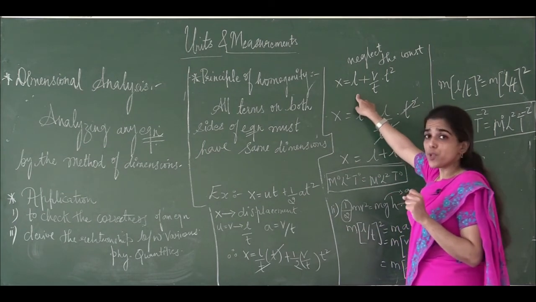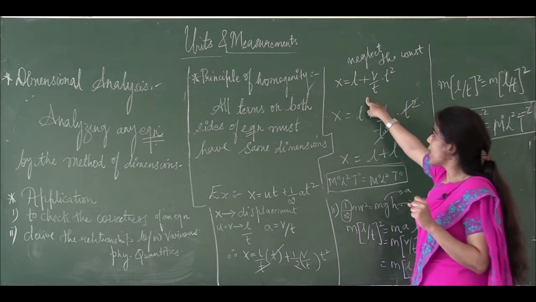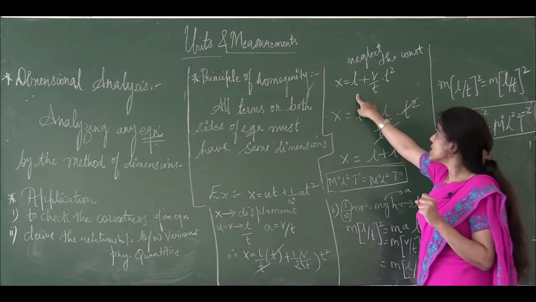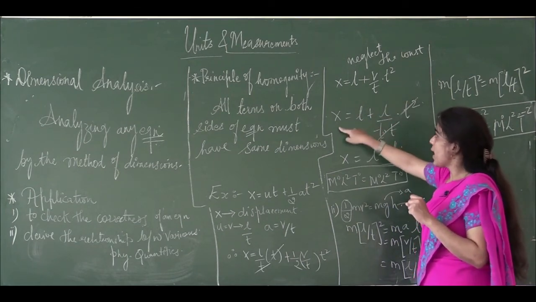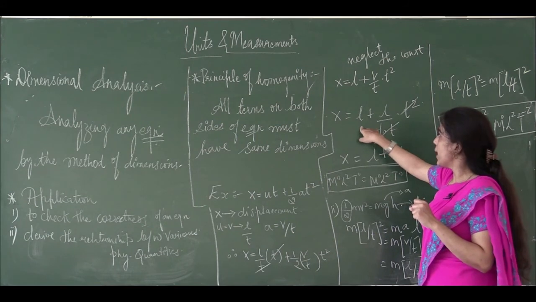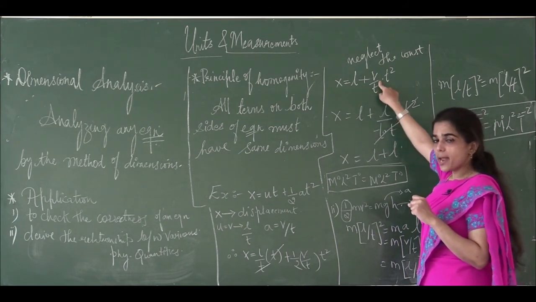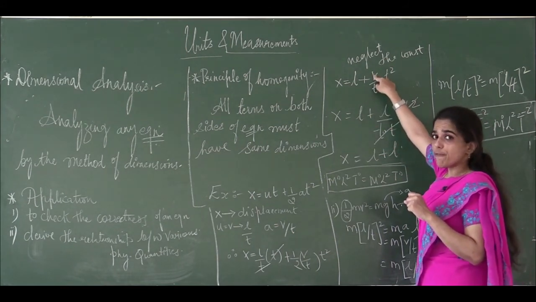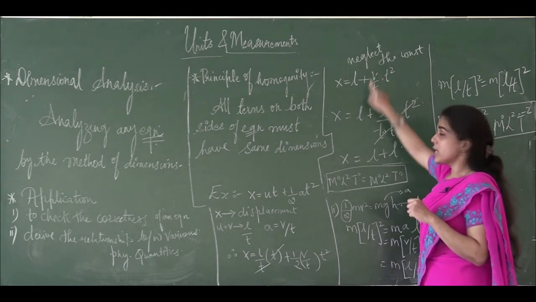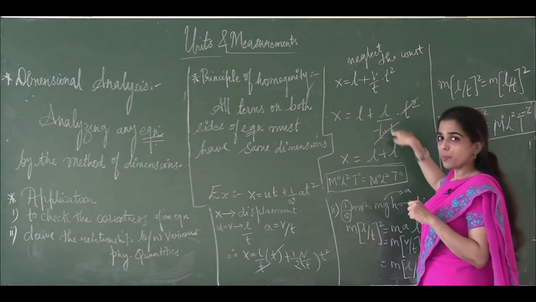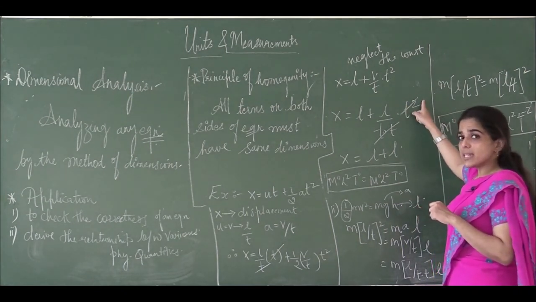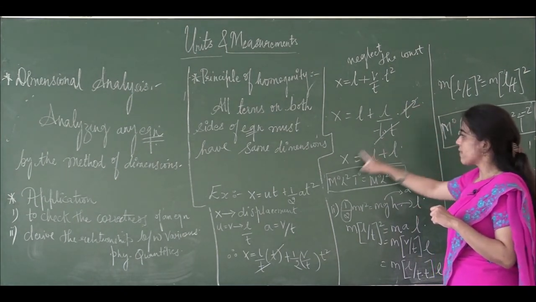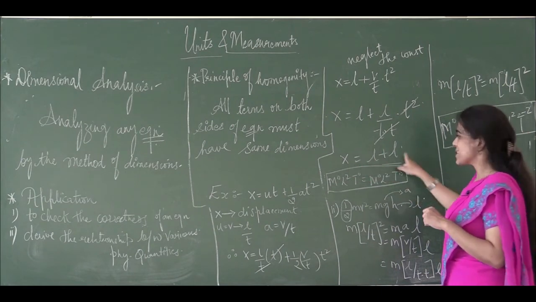So we will get x is equal to L plus v by t into t square. So we have x is equal to L plus, rewriting the value of v, which is L by t, into the denominator t, and we have the t square. We cancel this t square and t square, then we get x is equal to L plus L.